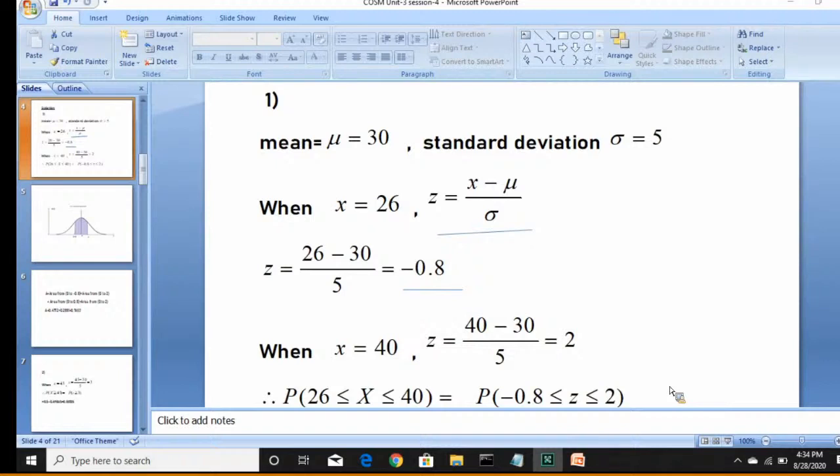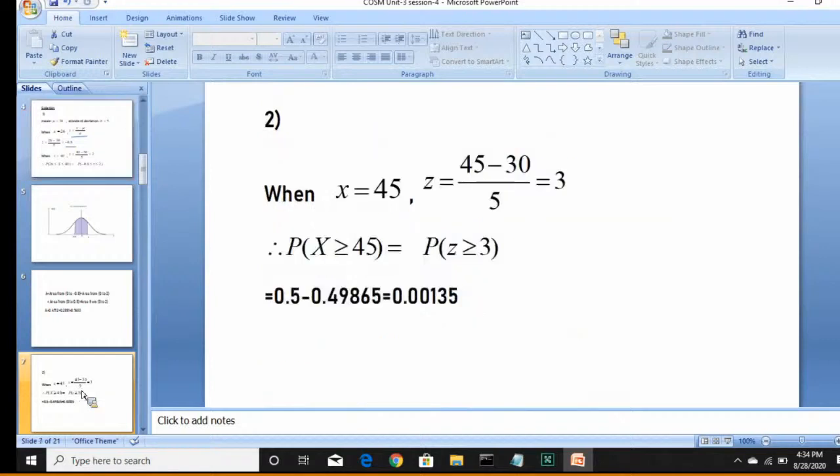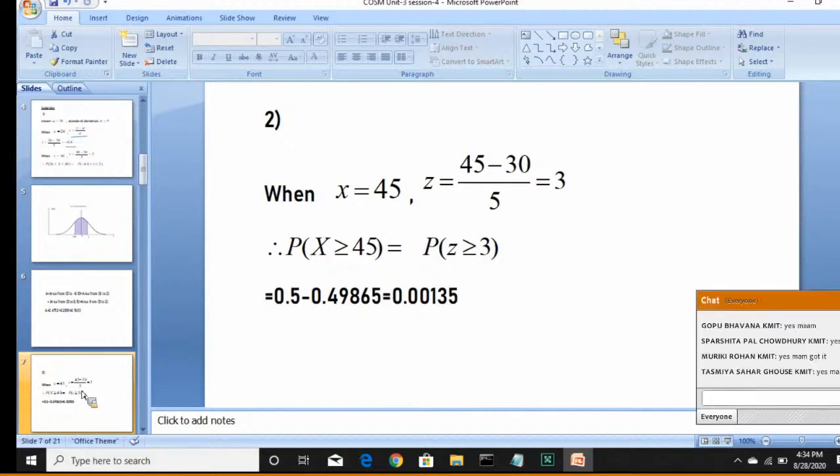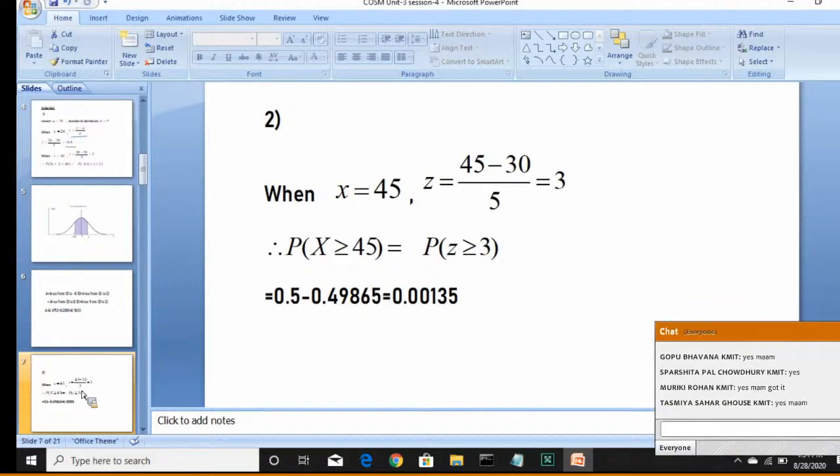What is how to find out it? You were asking the first how to do it previous problem, the same way this is also. Now you go for the second part. X is equal to 45 and Z equal to 45 minus 30 by 5.